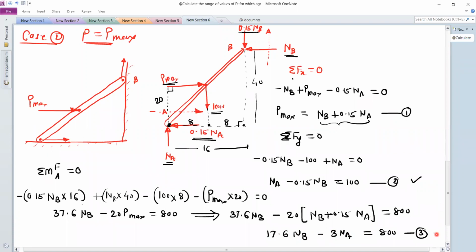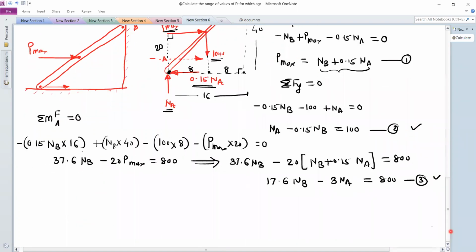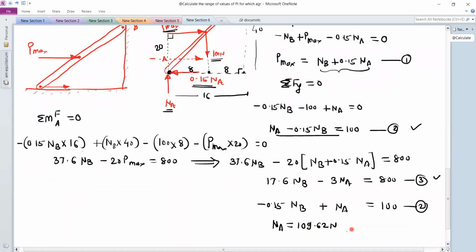Solve equation 2 and equation 3 simultaneously. Let me rearrange the equation: minus 0.15 NB plus NA is equal to 100. So this is your second equation. From equation 2 and equation 3, you will get NA and NB. NA is equal to 109.62 Newton, NB is equal to 64.14 Newton.